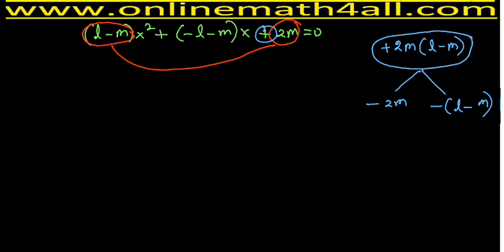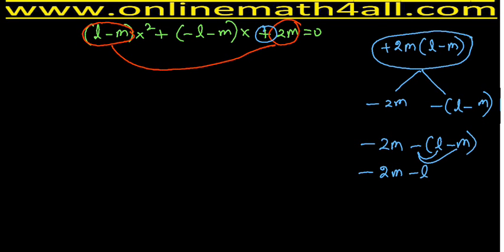Okay, now the second thing we have to check is the sum of these two factors. The sum of these two factors must be equal to negative (L − m), that is the middle term of the quadratic equation. So let us try to find the sum of these two factors, negative 2m and negative of (L − m). Negative has to be distributed to both L and negative m.